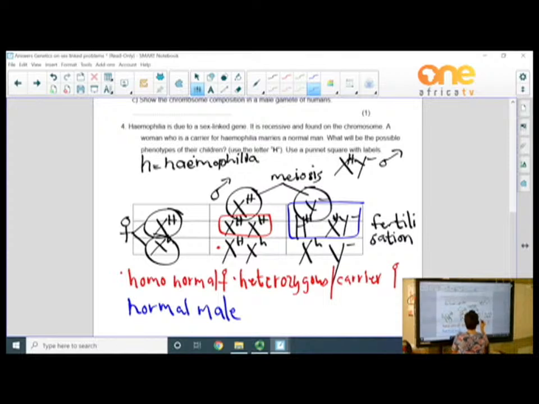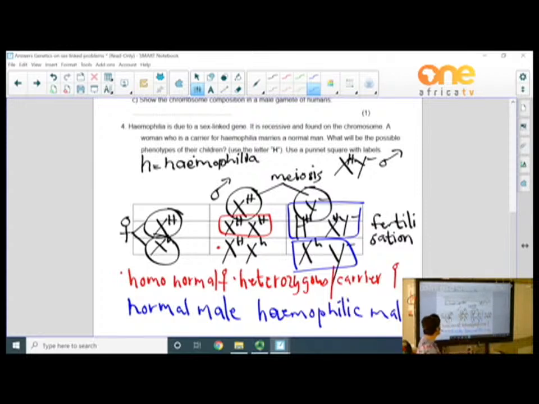And this male will be a hemophilic male. Okay, I hope that you now see that with sex link we see not only who's got the disease and who does not. We also see male and female in this answer.